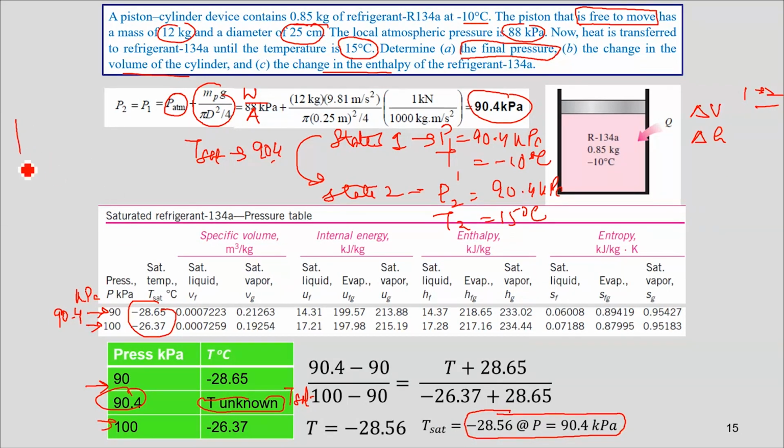Now, if you remember the temperature specific volume plot, if you have this line as the 90.4 kilopascal line, and this temperature is essentially minus 28.56, both your temperatures, minus 10 degrees centigrade and 15 degrees centigrade, are above this saturation temperature, so your system lies in the superheated region.